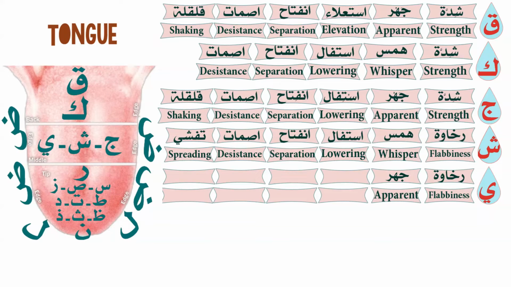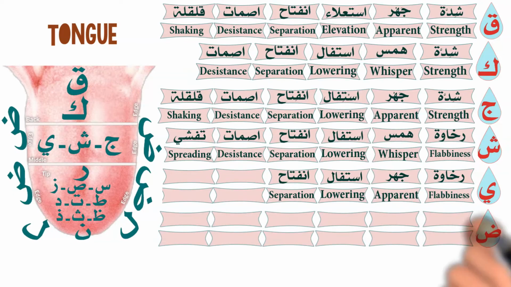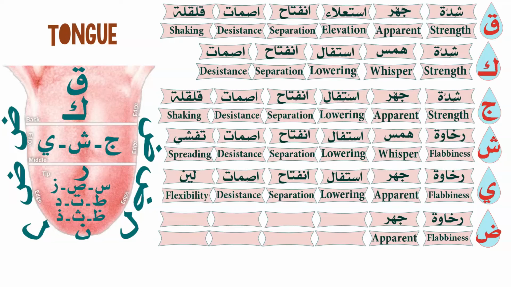Then the ya has رخاوة, floppiness, جهر, apparent, استفال, lowering, انفتاح, separation, إصمات, resistance. And it has the lean characteristic without opposite. The lean is the flexibility.